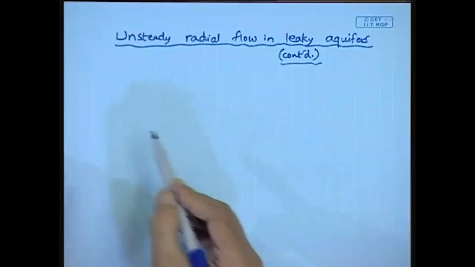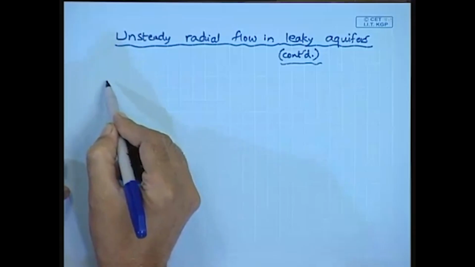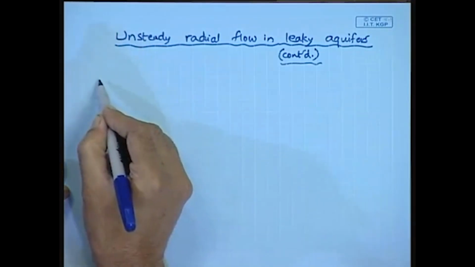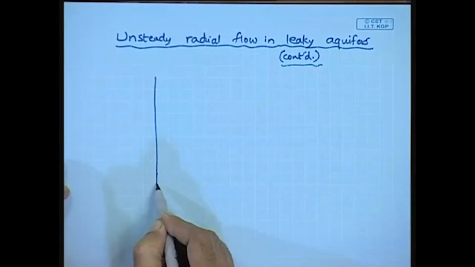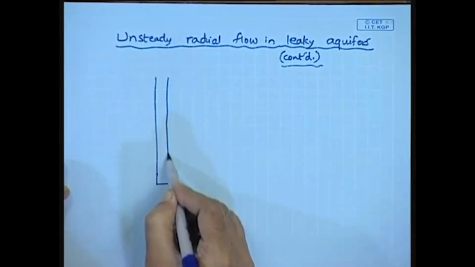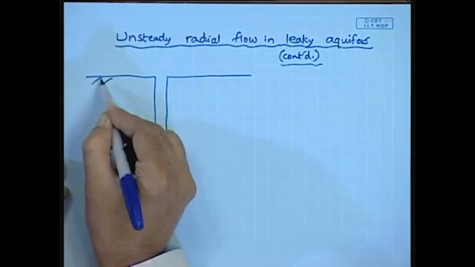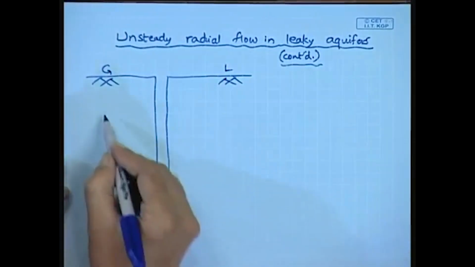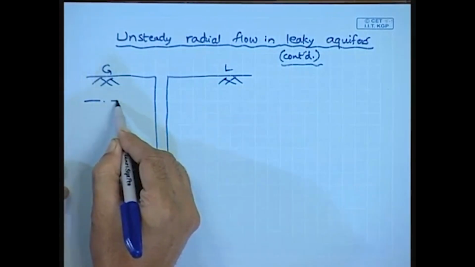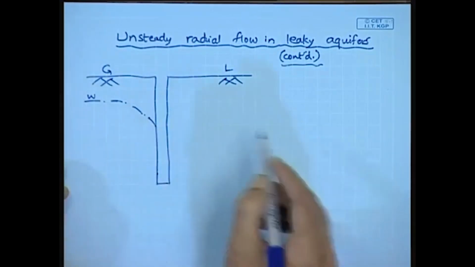Here let us start with the diagrammatical sketch, in which there is a well, it is fully penetrating into the leaky aquifer, and this is the water table.